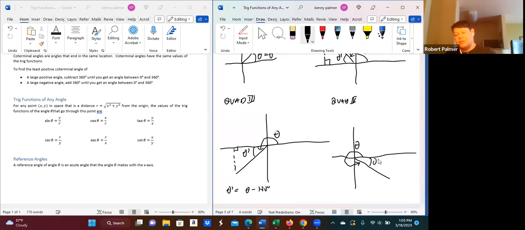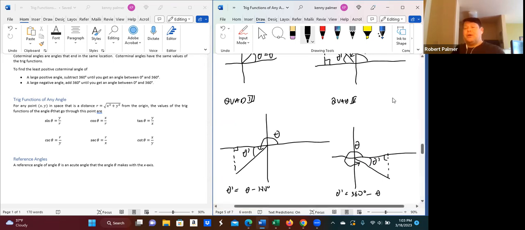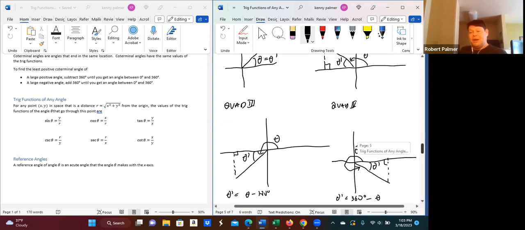And this reference angle is this angle right here where the x-axis wants to make a little right triangle. Okay. And in this quadrant, then, how to get the reference angle is you're going to do your theta prime, your reference angle is going to be 360 minus theta. Okay. Your angle here is going to be between 270 and 360 degrees. So 360 minus that gives you the reference angle. And then you can use potentially your right triangle trigonometry to find the trig values of that angle.